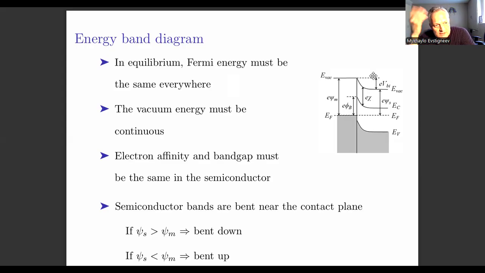But that's physically impossible, because an infinite electric field implies also an infinite electric field energy density.